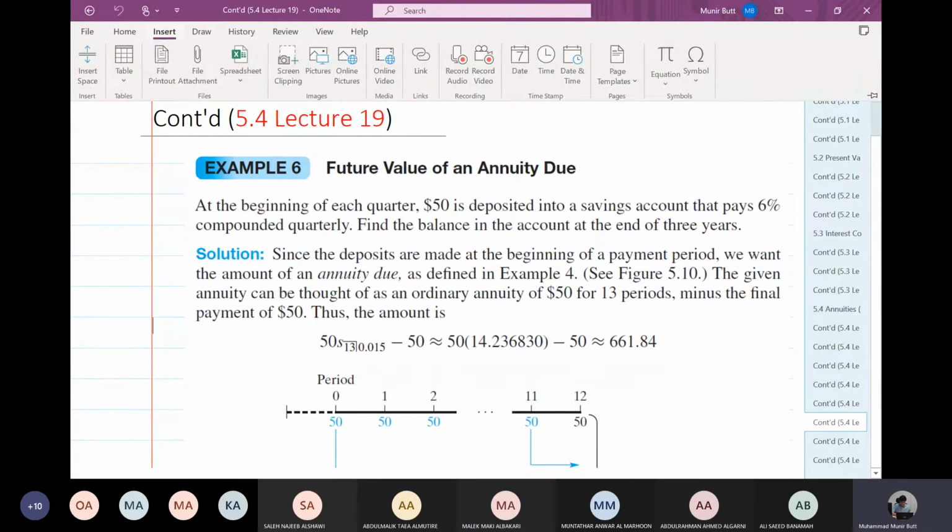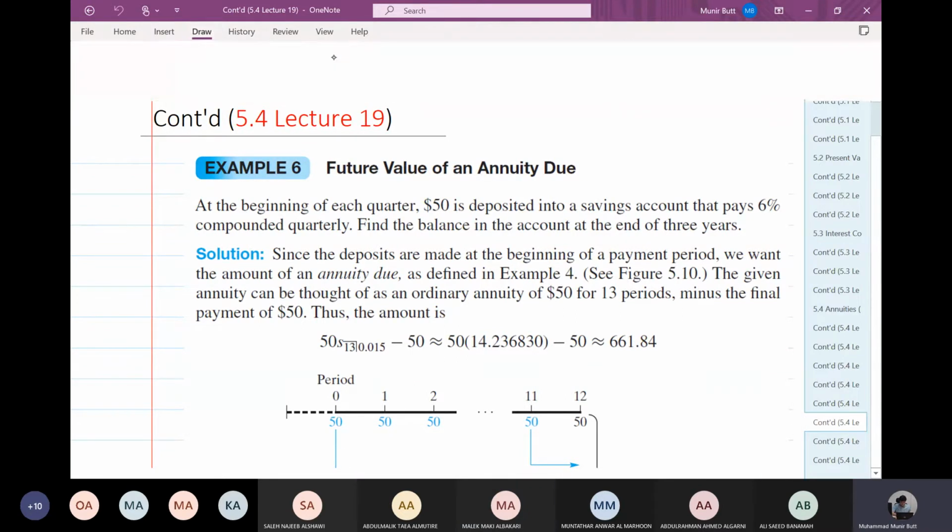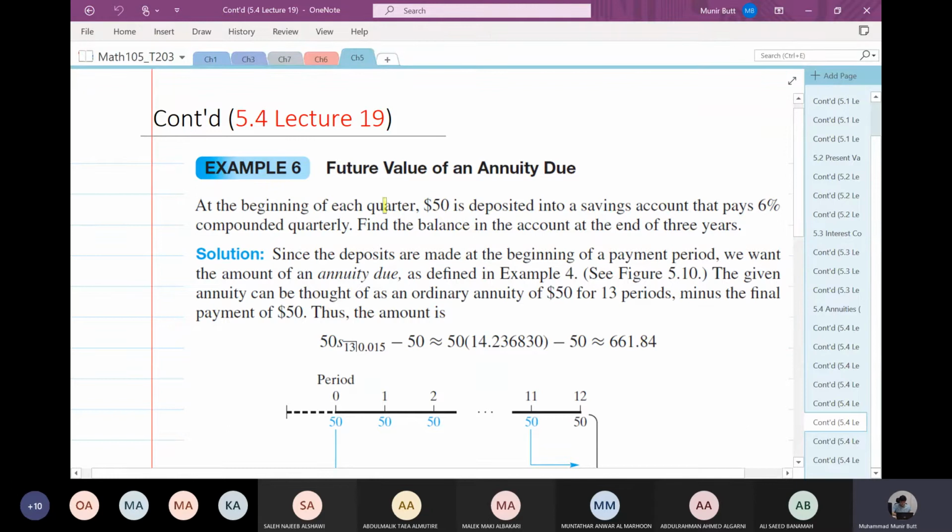Okay, so let us focus on the other example. Here he says that at the beginning of each quarter, $50 is deposited into a saving account, and that pays 6% compounded quarterly. The question is: find the balance in the account at the end of 3 years.